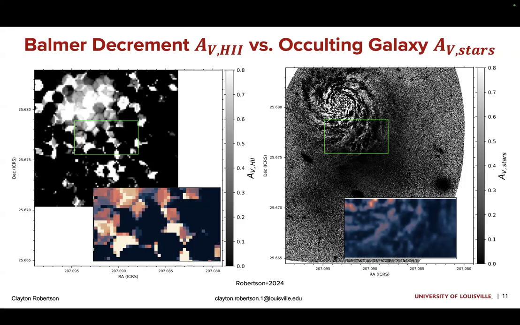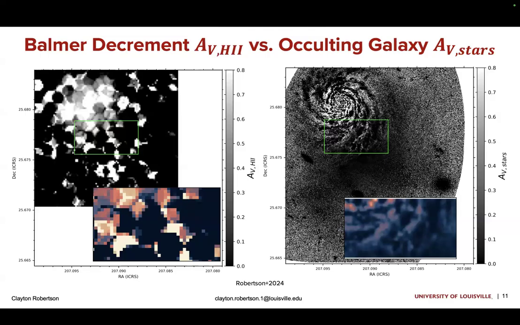These are just side-by-side comparisons between the two attenuations from two completely different instruments. The left one is from GCMS VIRUS-P, getting the Balmer decrement, and then from the Balmer decrement calculating the attenuation and mapping the attenuation using IFU data.